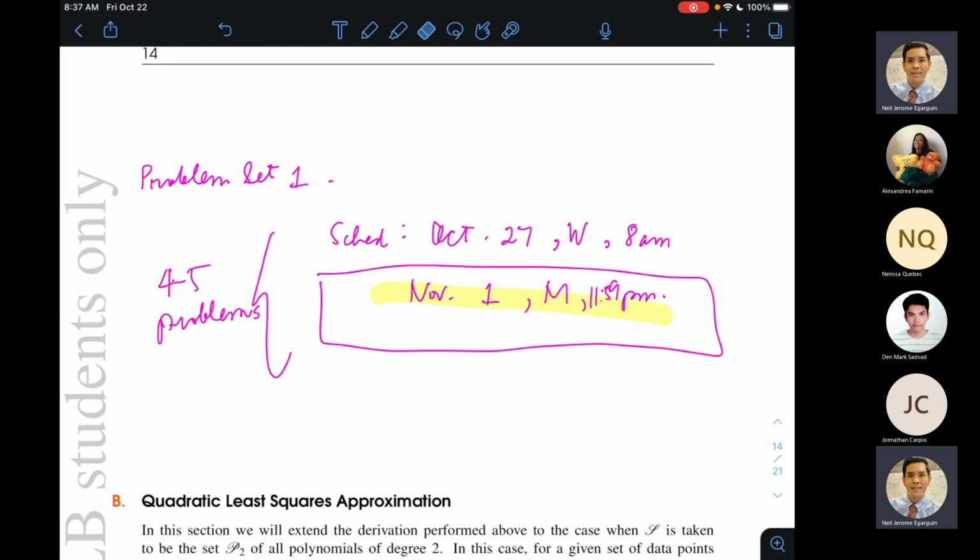Hindi mo pwedeng gamitin yung interpolating function mo dun sa labas ng interval kasi we don't have any control upon the error outside the interpolatory interval. Pero sa curve fitting, though wala rin naman tayong direct control, pero ang idea rito ay ang kina-capture natin or ang minomodel natin ay yung trend at hindi lang yung specific data points na binigay dun sa problem.